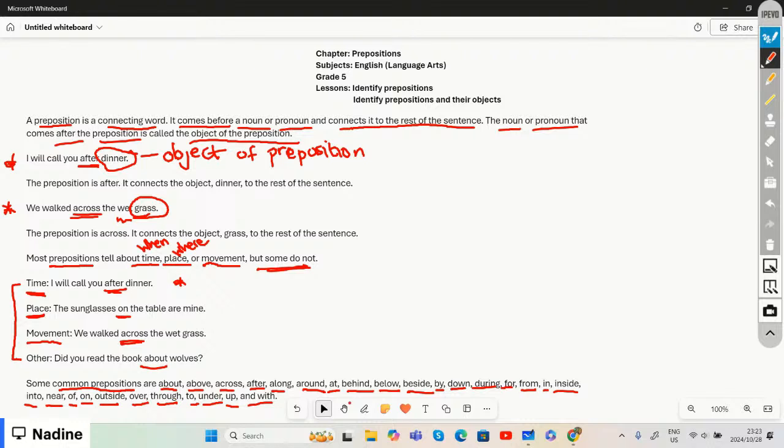And the noun or the pronoun that comes after the preposition, we call that the object of preposition.